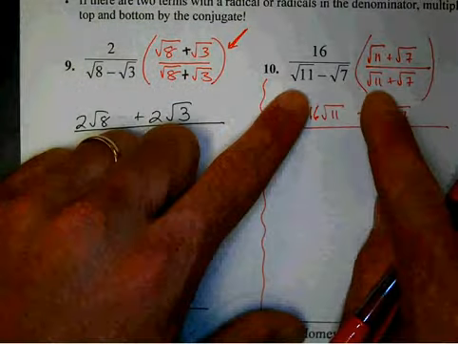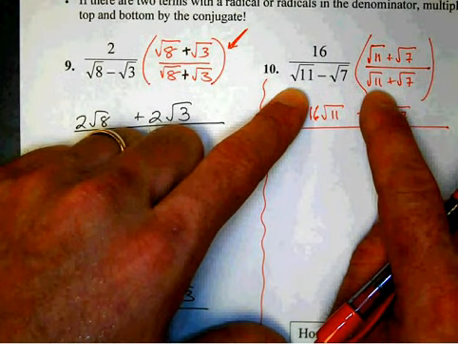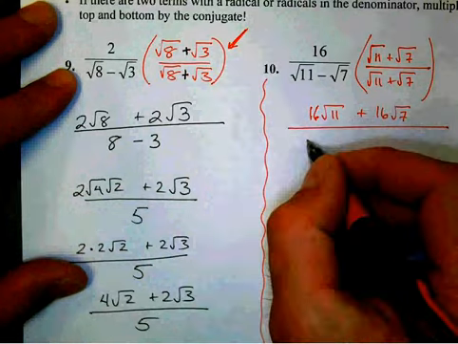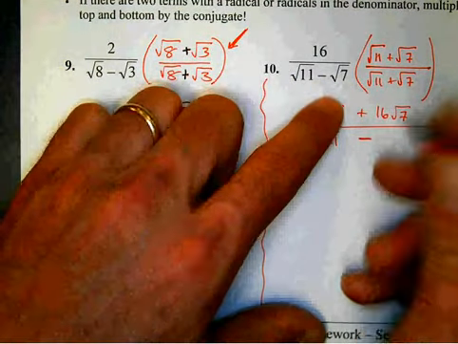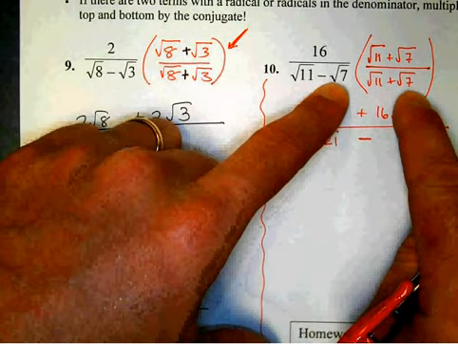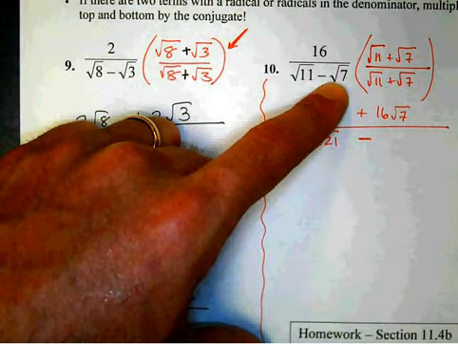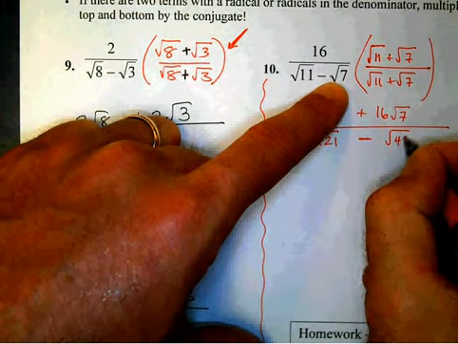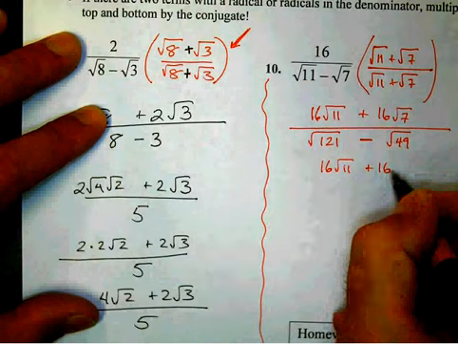What's root 11 times root 11? Good. Minus, Hannah, what's root 7 times root 7? Root 49. So let's see. 16 root 11, 16 root 7.